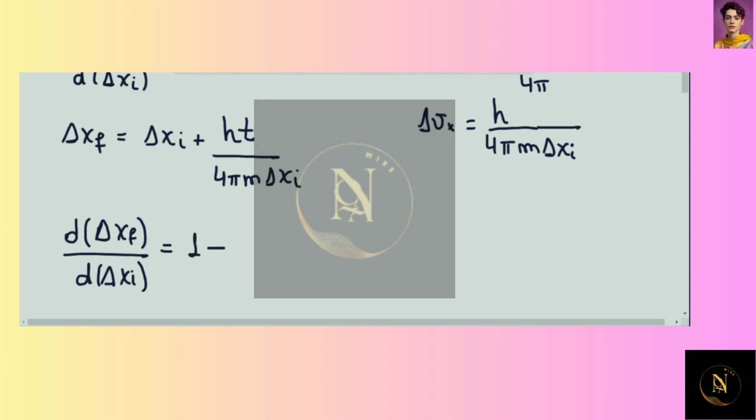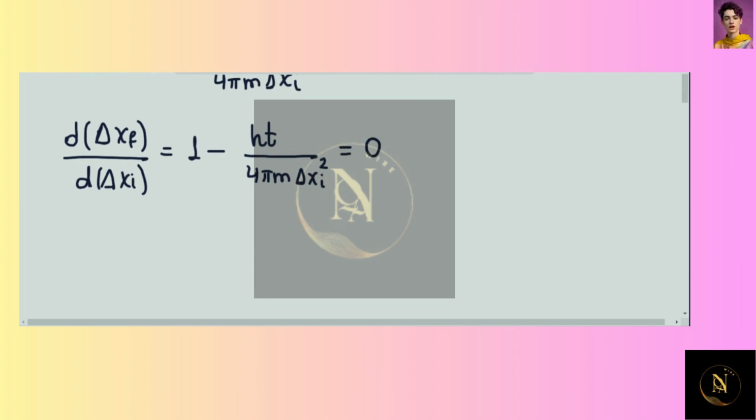So this is 1 minus ht divided by 4 pi m delta xi squared, and we want this to be 0 so that the function is a minimum. So you get that delta xi is equal to the square root of ht divided by 4 pi m.